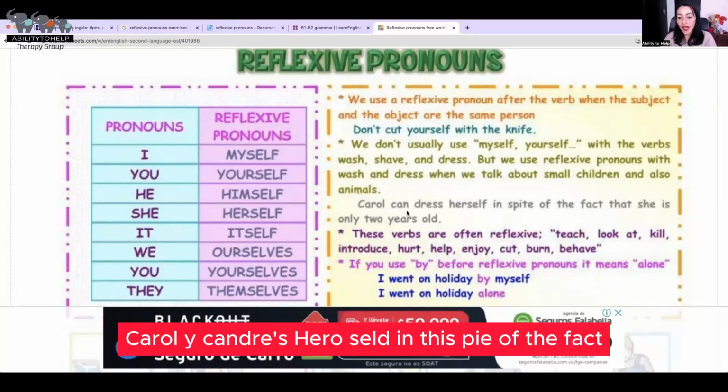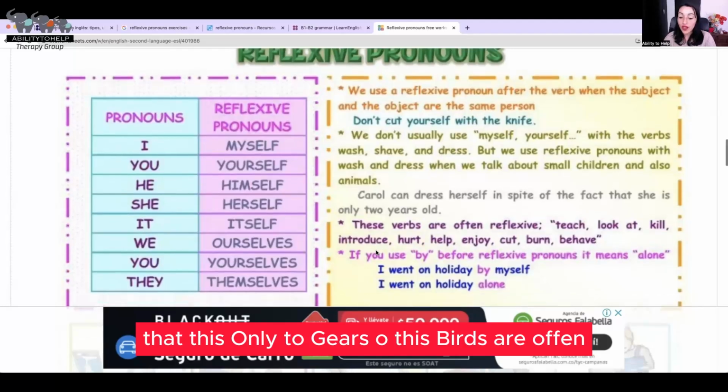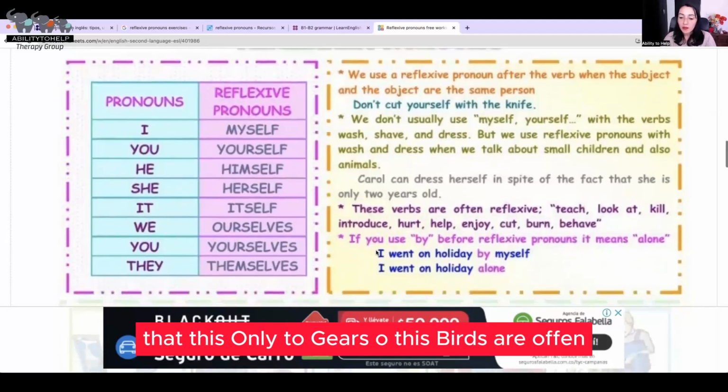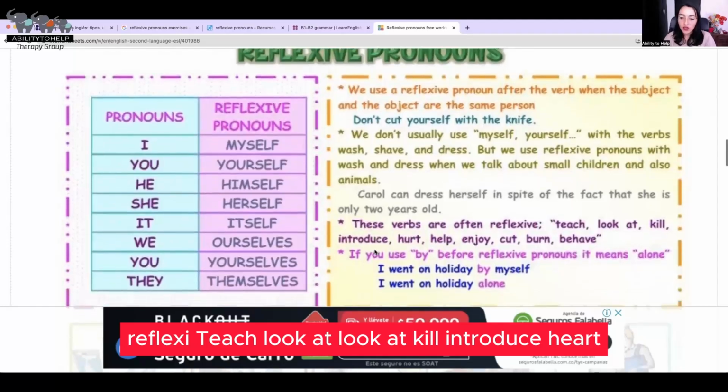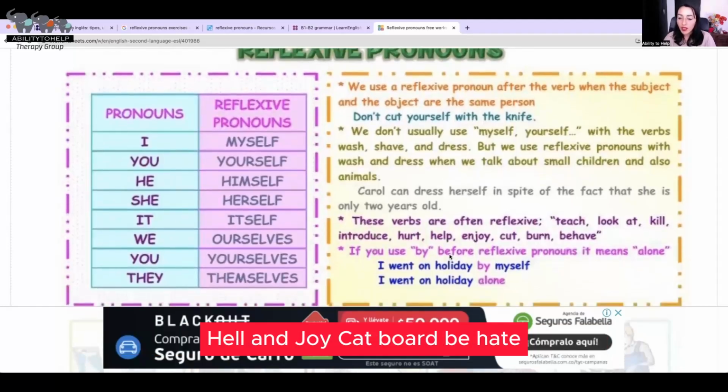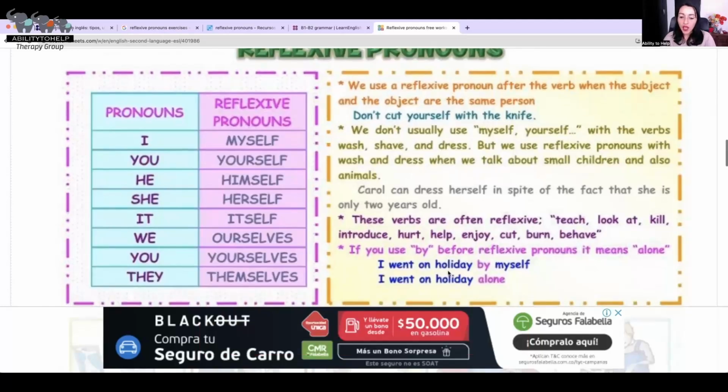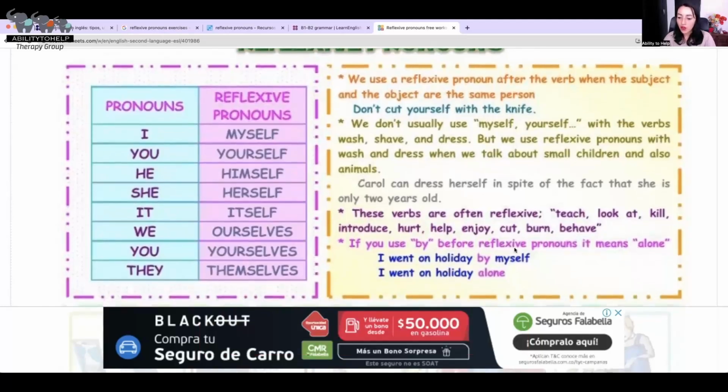Carol can dress herself in spite of the fact that she is only 2 years old. These verbs are often reflexive: teach, look at, kill, introduce, hurt, help, enjoy, cut, burn, behave. If you use by before the reflexive pronoun, it means alone.